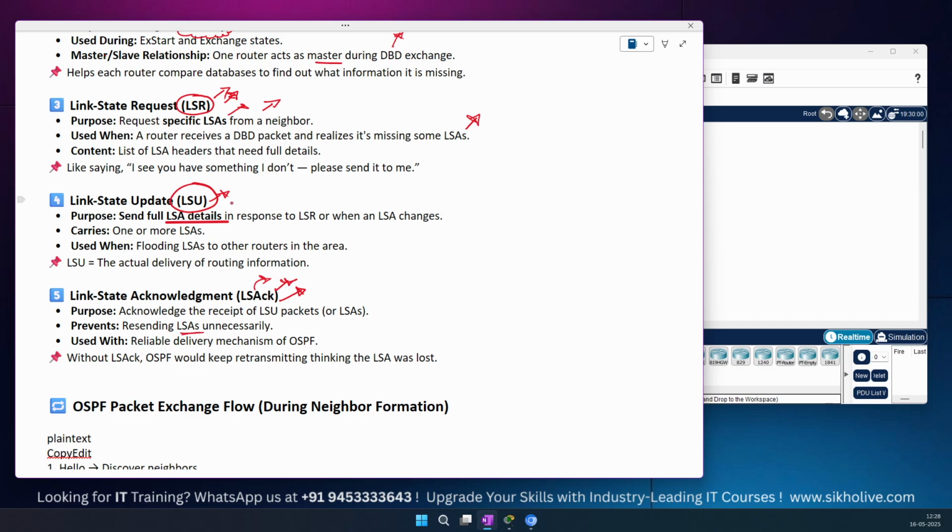For example, if you are calling your friend and your friend receives the call but there is no reply to your hello, hello, hello, what do you think, that there is no successful conversation?